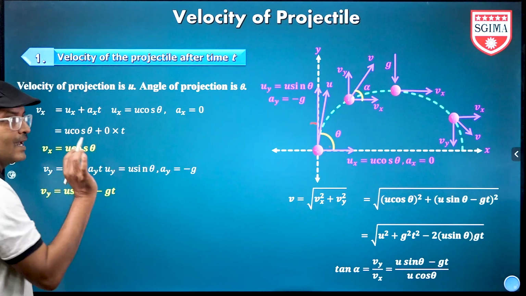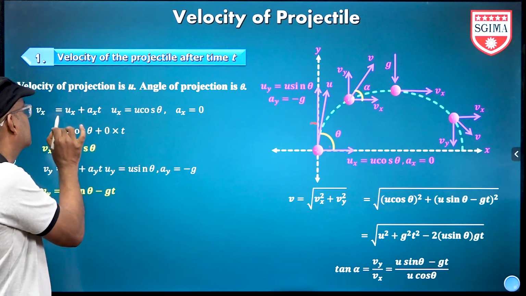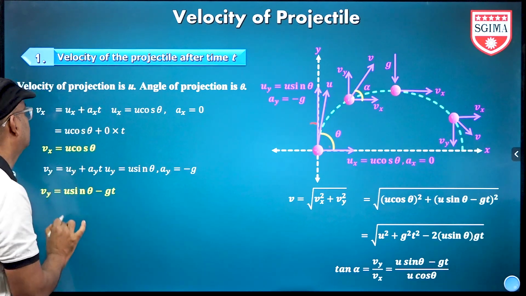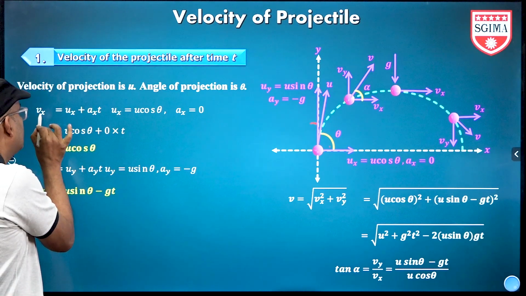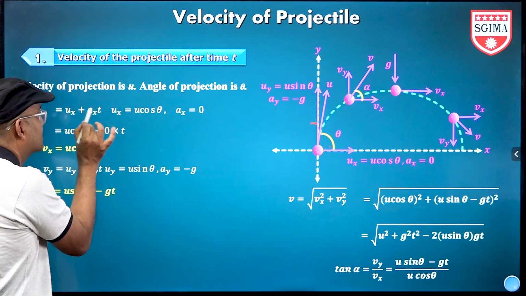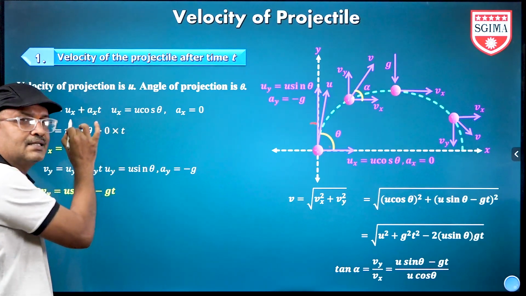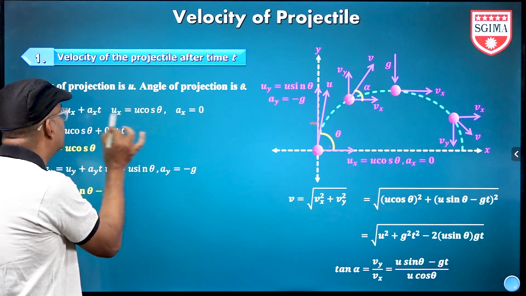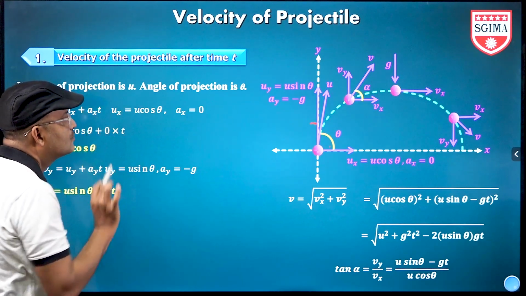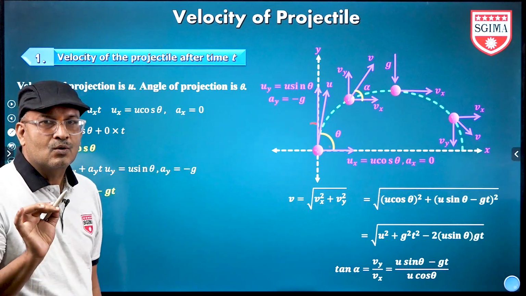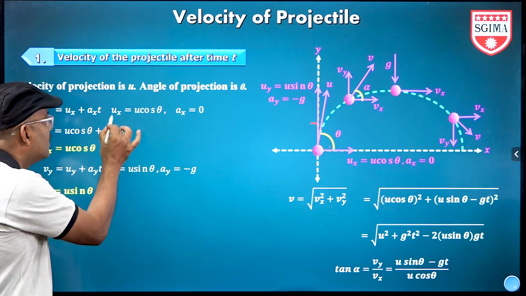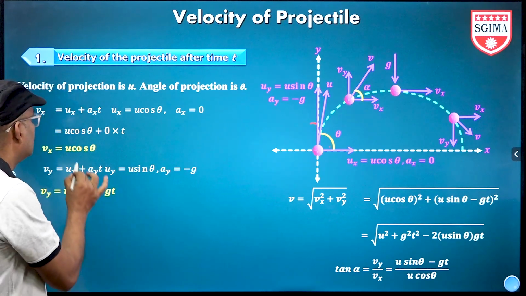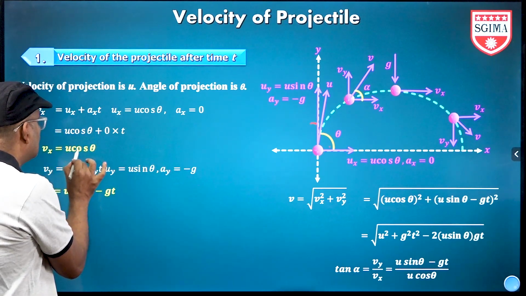To find Vx, I apply the formula V equals U plus AT. For Vx, Vx is equal to Ux plus Ax t. But Ax is 0, so Vx is equal to Ux, which is u cos theta.